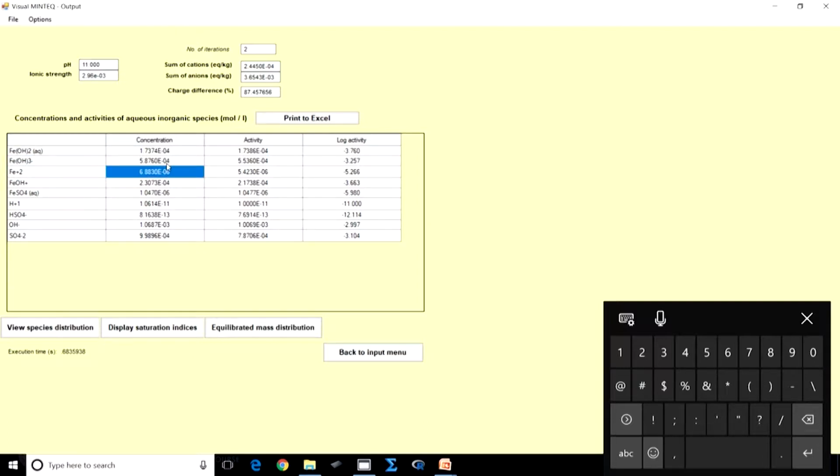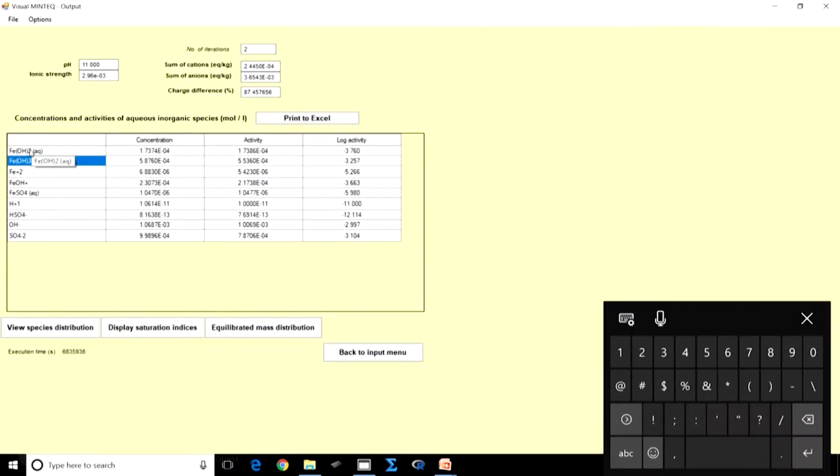As you kept increasing the pH of your solution and looked at the speciation of Fe2 plus, at pH 3 and 7 the free metal was predominant in the solution. But at pH 11, what are you observing? You are observing that the complexes FeOH plus, FeOH thrice and FeOH twice are almost 2 orders of magnitude higher than the free metal concentration.